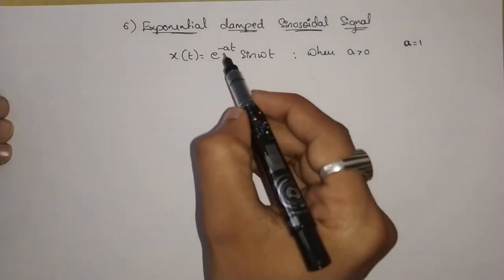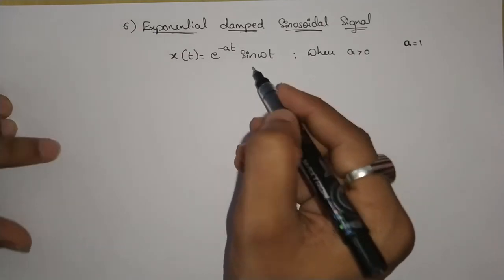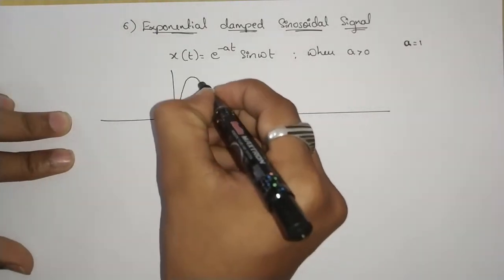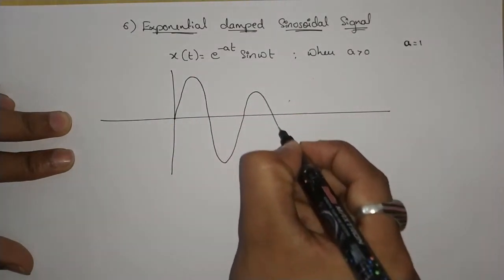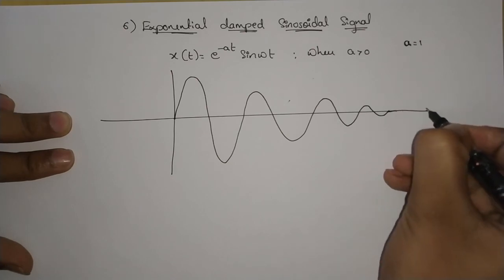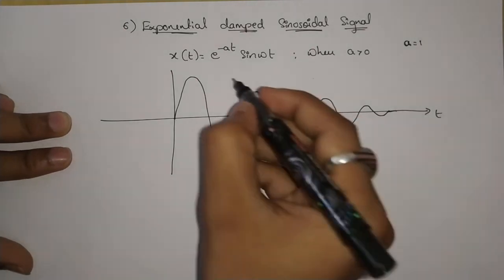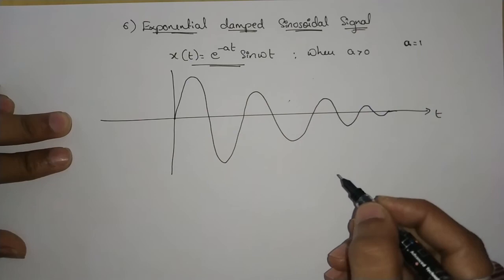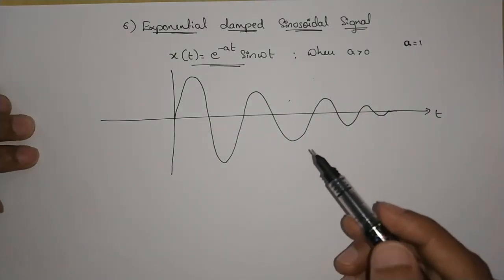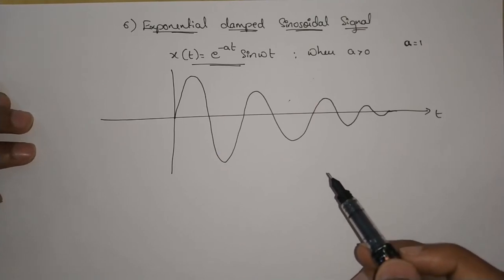Okay. If we multiply a decaying exponential signal with a sine wave, we will be getting an exponentially damped sinusoidal signal. Okay, this is x of t is equal to e power minus at into sine omega t. This is called an exponentially damped signal.